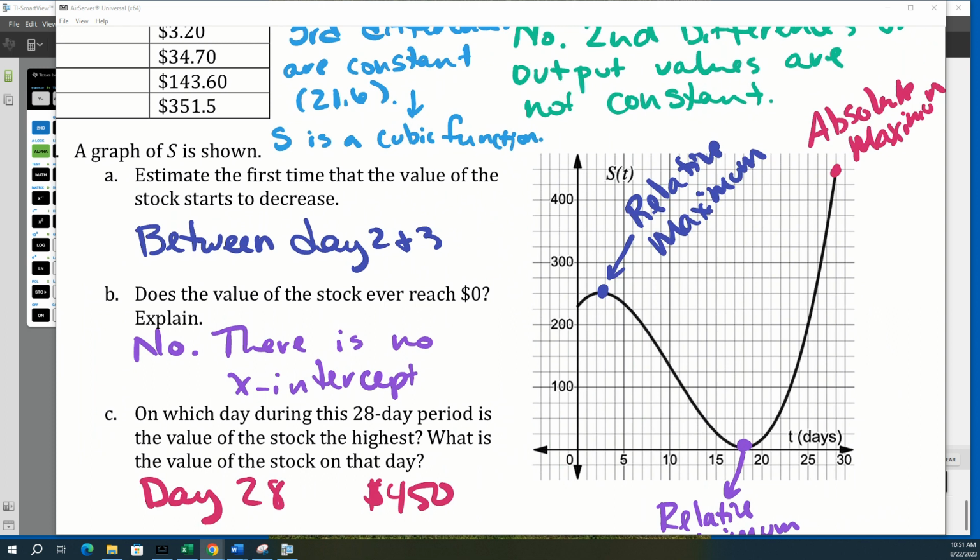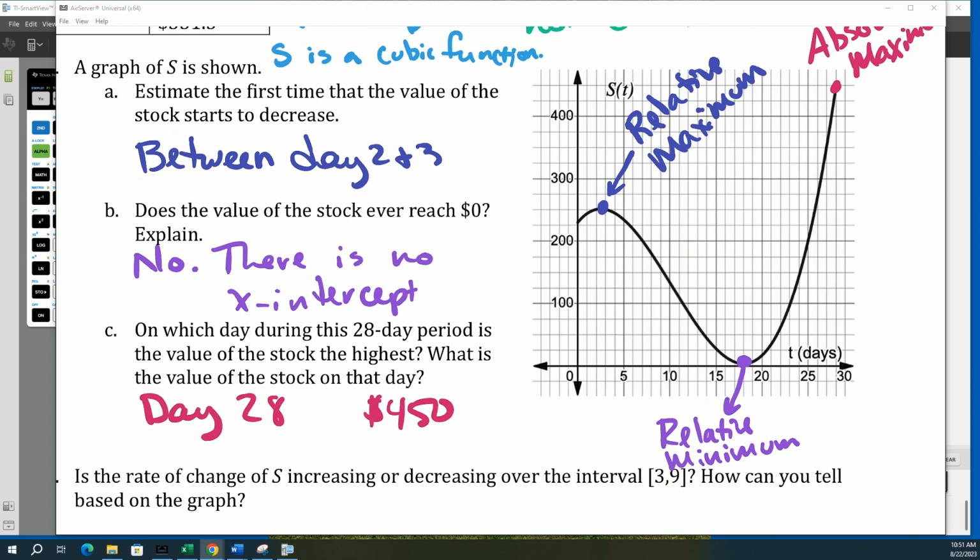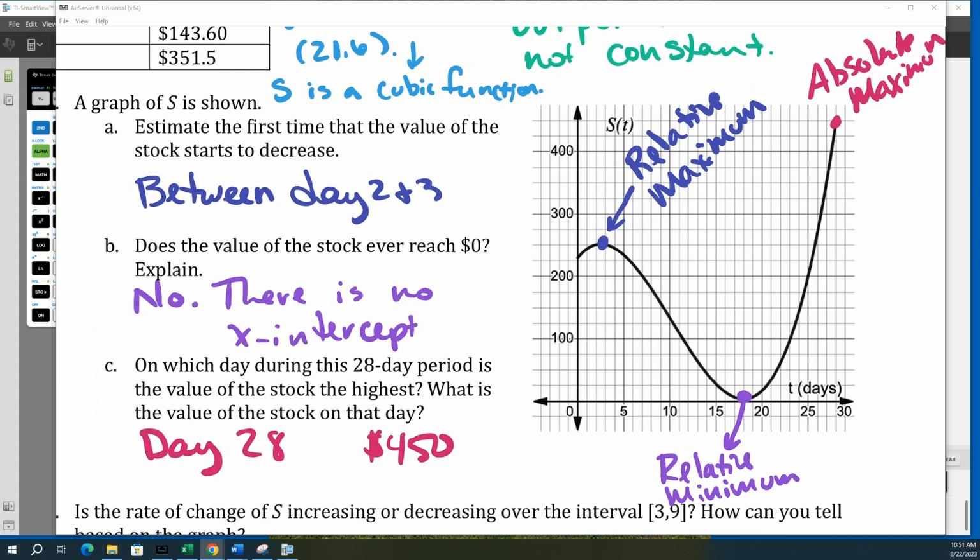So you see absolute highest point. Those can occur at relative maximum points, or they can occur at endpoints. Does this one have an absolute minimum? It should. Yeah, this is also the absolute minimum.